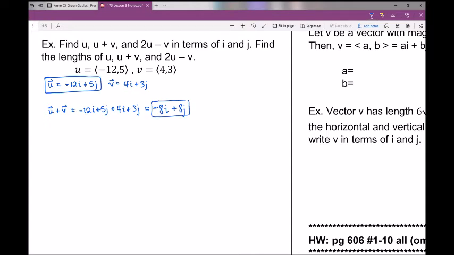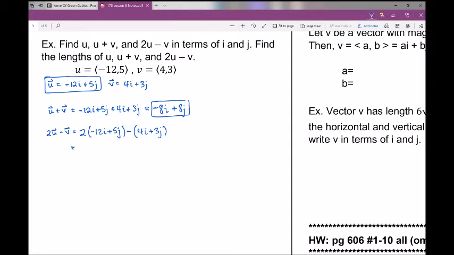Alright, and the last one we want to find is 2u minus v. So let's go ahead and sub in our vectors. So we have 2 times (-12i plus 5j) minus (4i plus 3j). Okay, and now all we have to do is simplify this using the algebra you know and love.